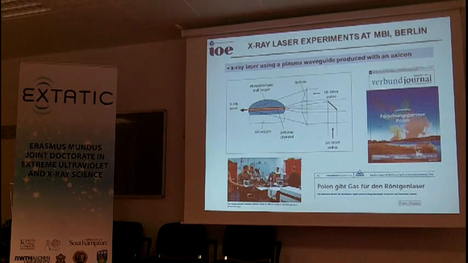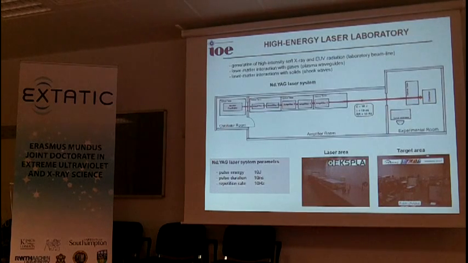So we have another, as I said, high energy laser laboratory, which is equipped with a neodymium YAG laser system with such parameters: 10 joules, 10 nanoseconds, 10 hertz. We would like to establish such a laboratory beamline of EUV and X-ray generation.